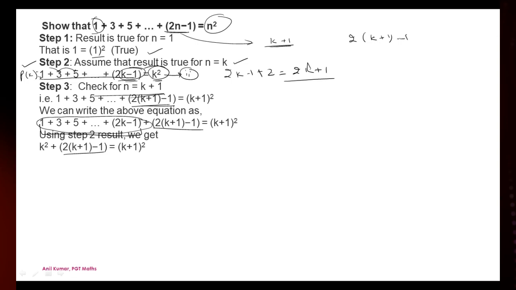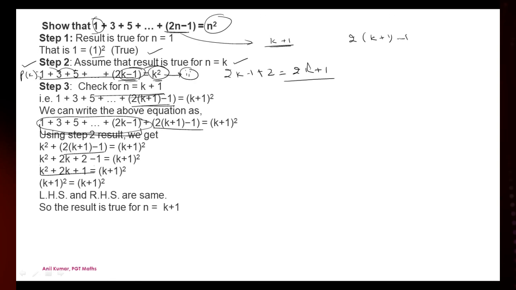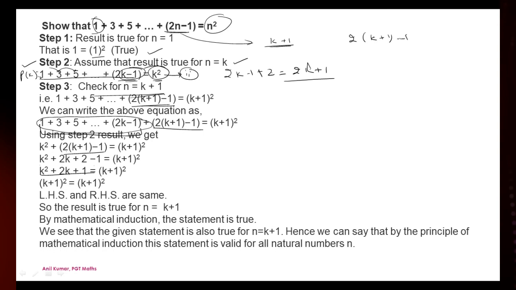Now on simplification it will give me k square plus 2k plus 1, which is (k plus 1) whole square. So left hand side is equal to right hand side. Hence I can say that it is true for n is equal to k plus 1. So by principle of mathematical induction, the statement is valid for all natural numbers n.